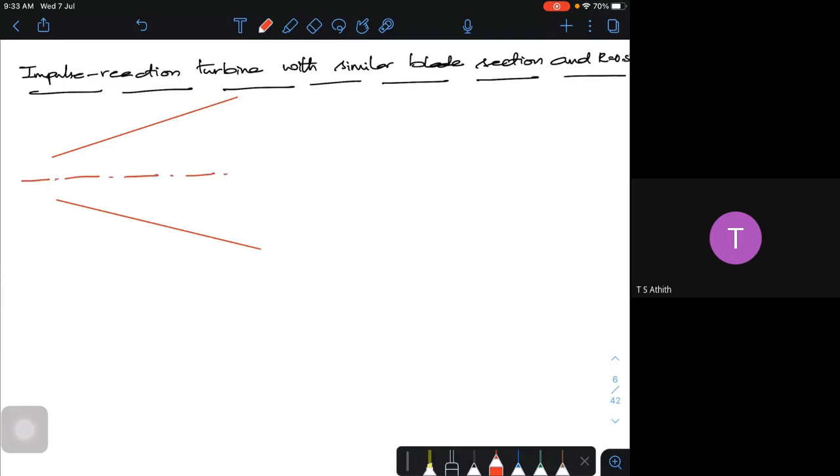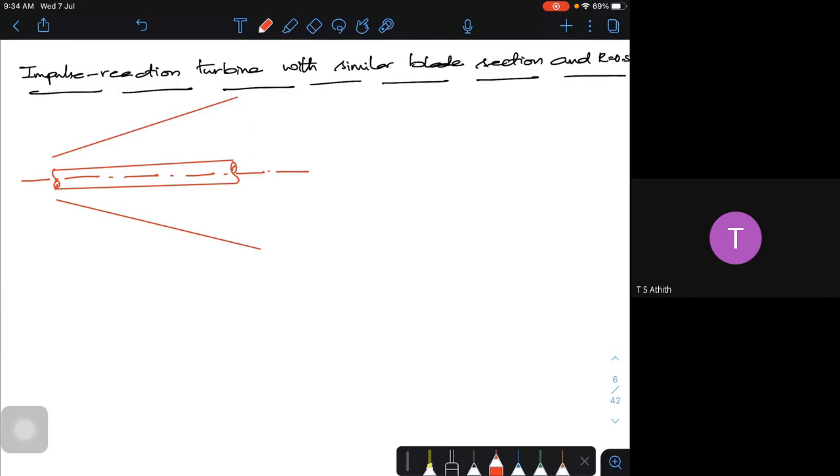This is my shaft. Let me put a shaft, and on the shaft I want to put the blades, rotor and stator.